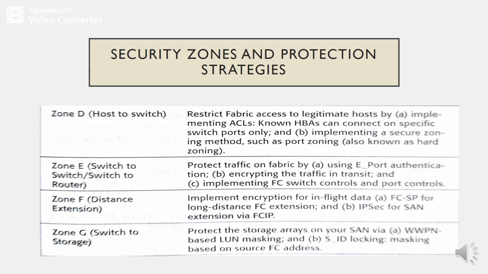Similarly, we have zone D. We can restrict fabric access for unauthorized hosts by implementing access control lists, ACLs, so that known HBAs can connect to specific switch ports only. The second implementation method is a secure zoning method.